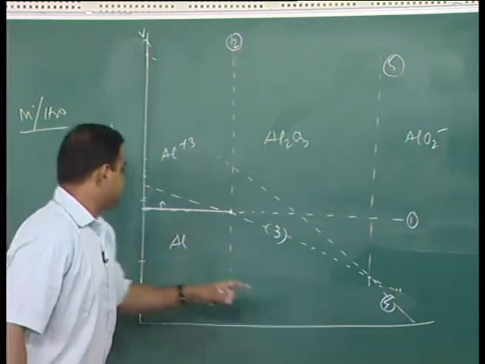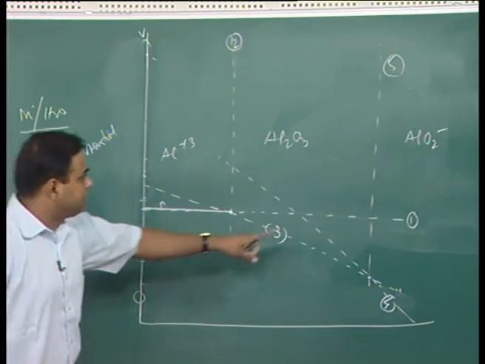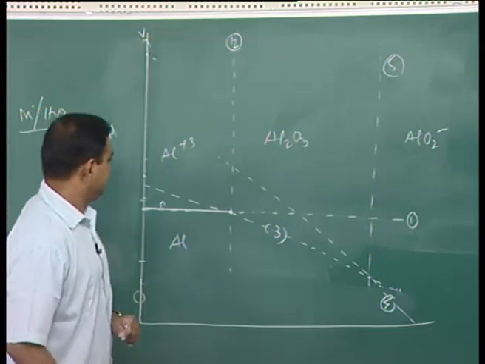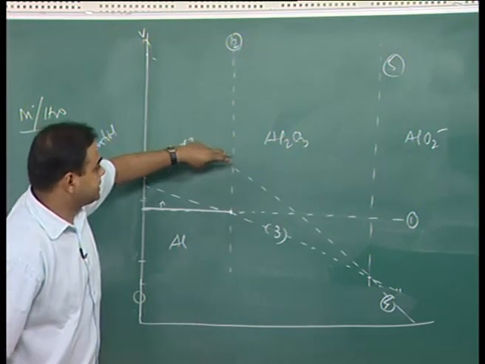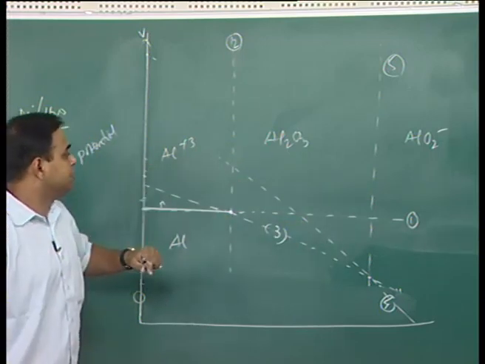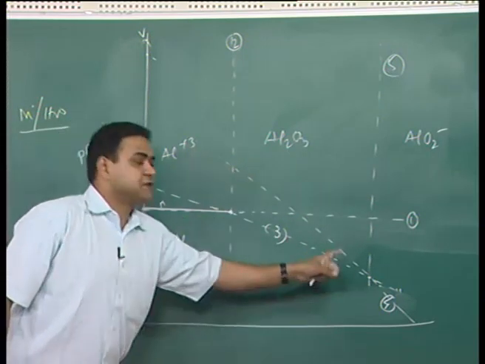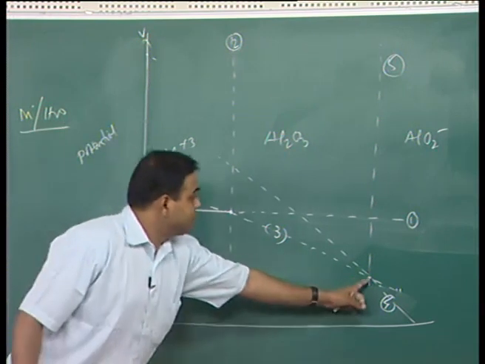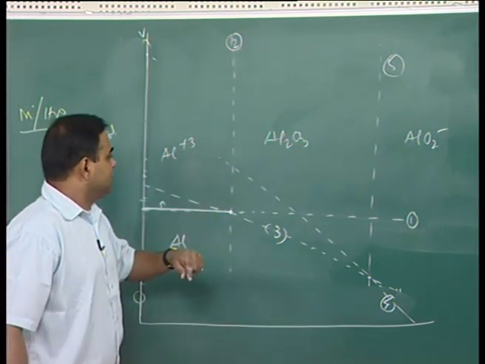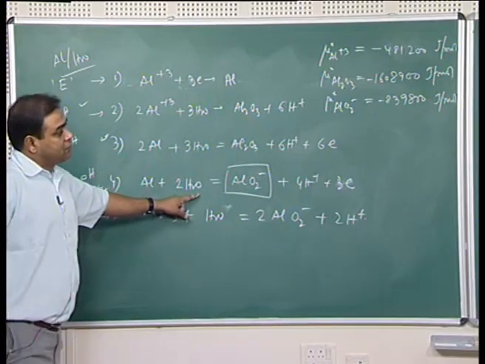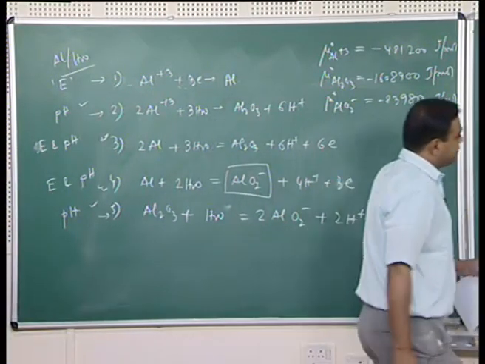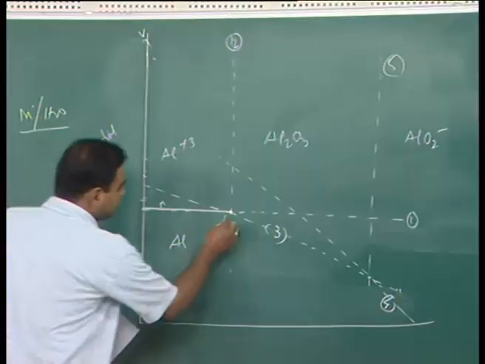So, this 4 is basically the equilibrium between aluminum and AlO2 minus. Now, this line will have a virtual presence, but actually it will not be present in the diagram. That means this will not be a solid line, because this is going into Al2O3, which is not part of this reaction. So, now we can specify another region, which is this.